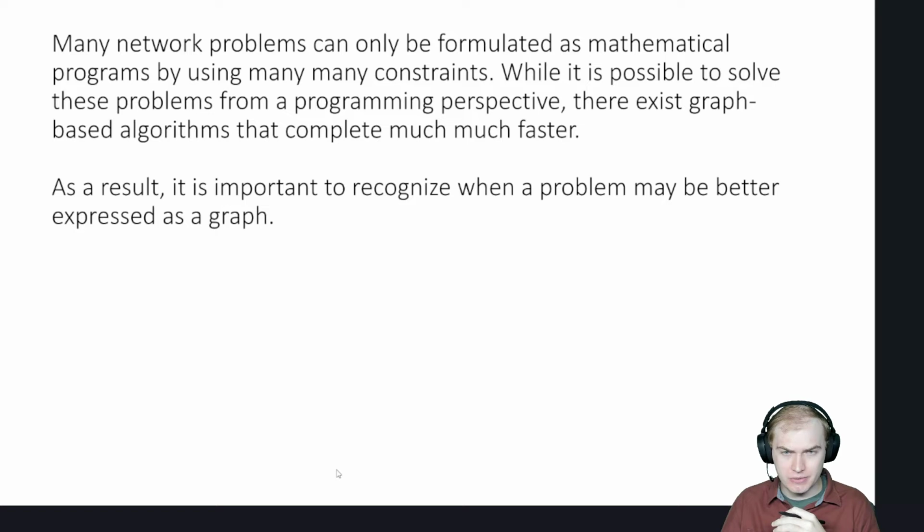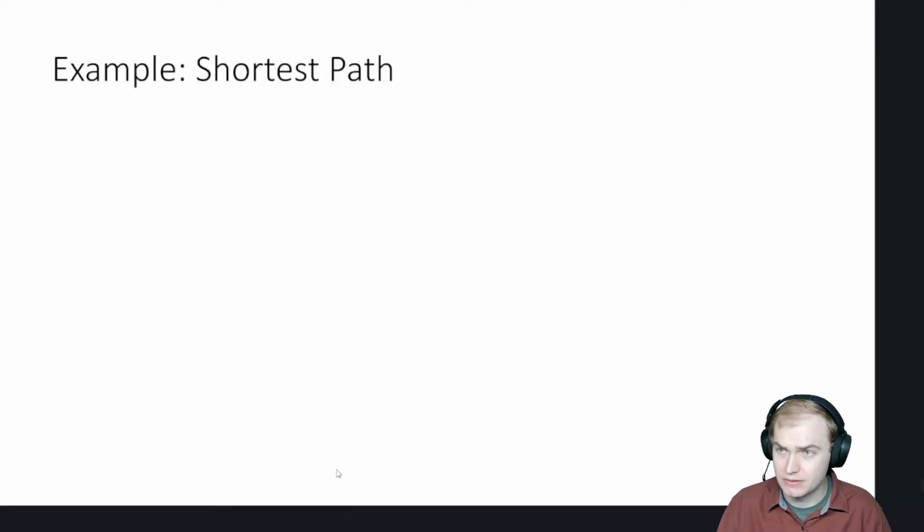So it's important to recognize when we can express certain problems as graphs and whether or not those problems will be faster to solve with graph theory than they are with integer programming. So maybe the best example of this is the shortest path problem, which the book discussed.